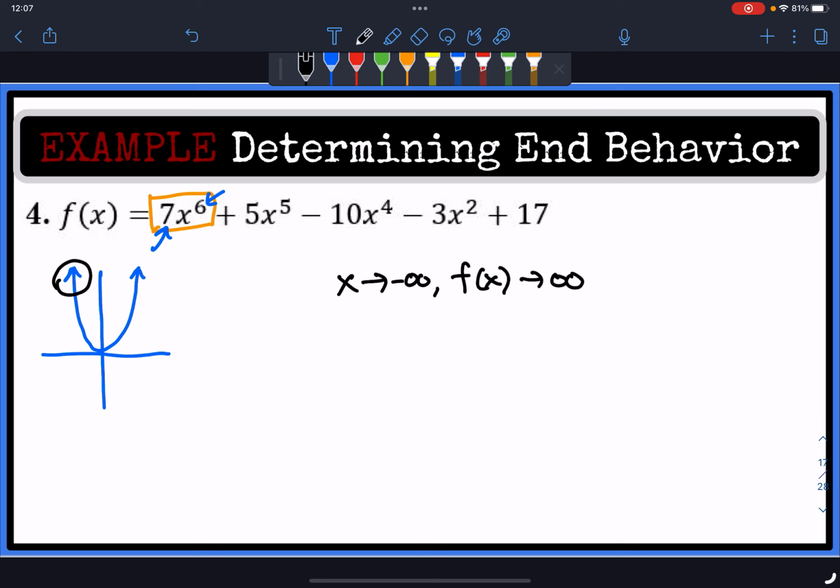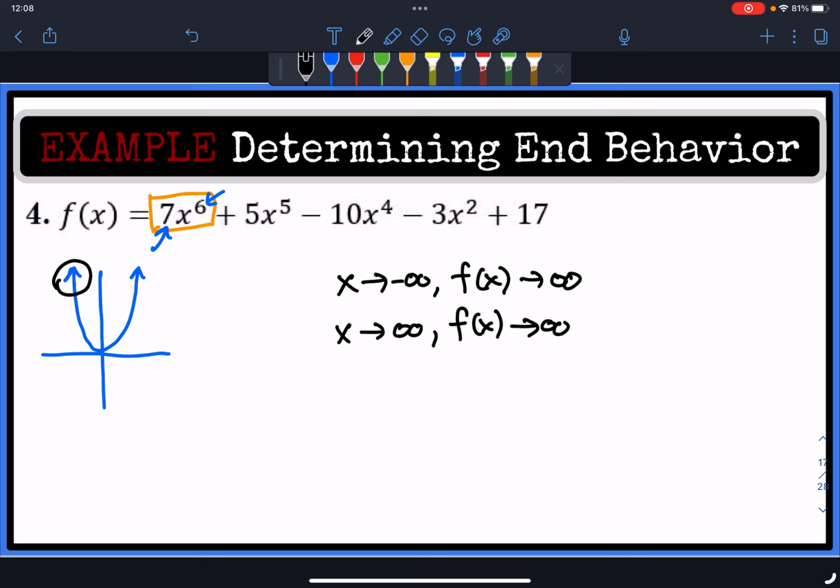As x decreases without bound, f increases without bound. And as x increases without bound, f of x increases without bound. So this is how we describe the end behaviors of our function.